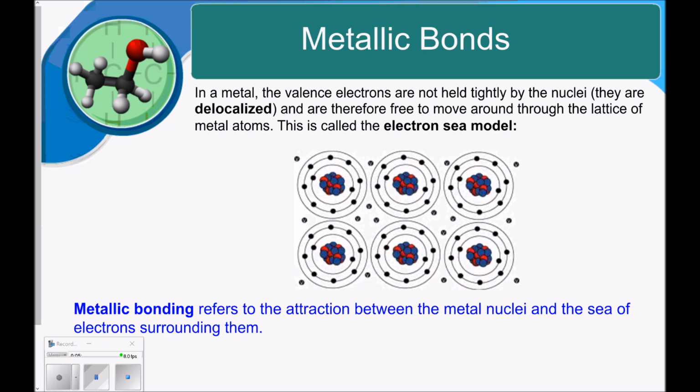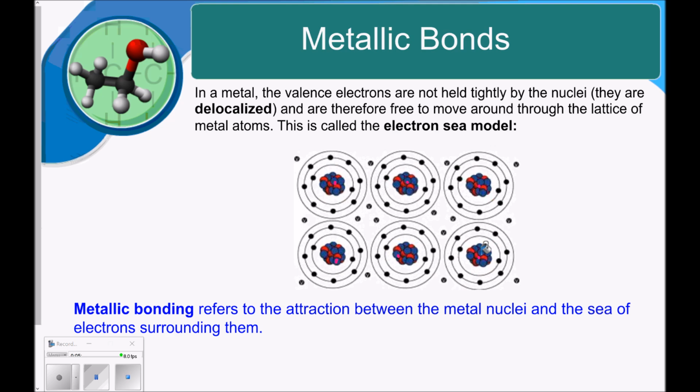Okay, so for example, these could be copper atoms. So we would have 1, 2, 3, 4, 5, 6 copper atoms, and they have to be bonded to each other to make a sheet of copper, for example. The way that they're bonded is through metallic bonding, and this is different than the other two types of bonding that we'll learn about.